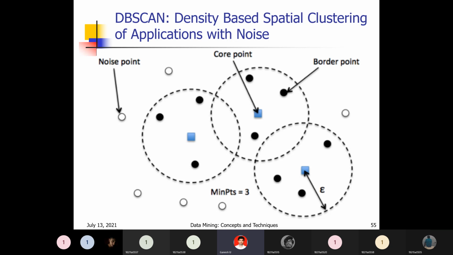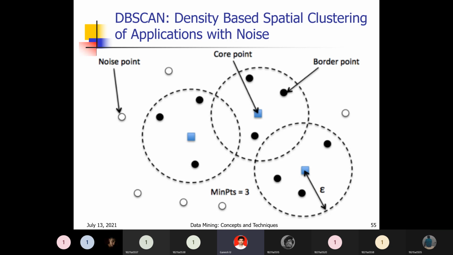If it is not at all related to any circle, not at all related to any cluster, then we can say that is a noise point. Here 3 types of points are there: core point, border point, noise point. I hope you understood the difference between core point, border point and noise point.